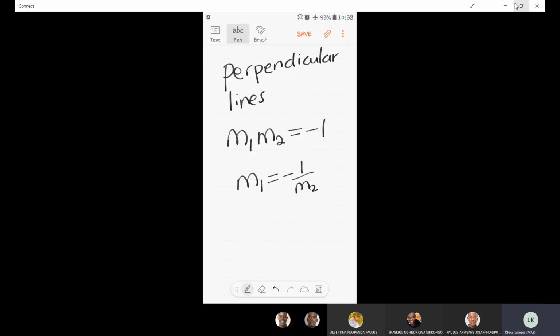You can have another angle between them, 60 degrees, 35 degrees. So it's not always parallel or perpendicular. So if I ask you, check, are these two lines parallel or perpendicular? You check, you see they're not parallel. It doesn't mean you conclude that they're perpendicular. You still need to check this condition over here. Make sure that they are perpendicular.